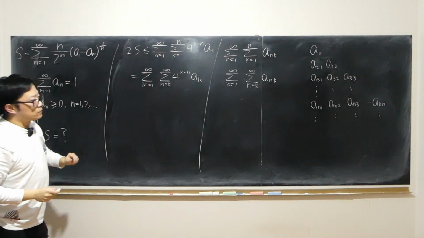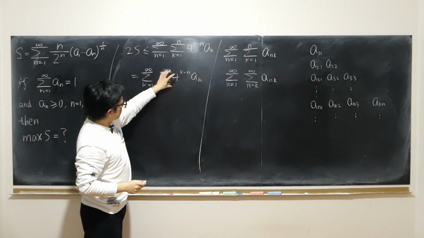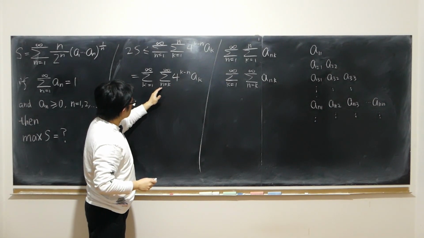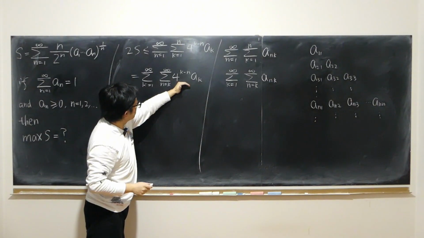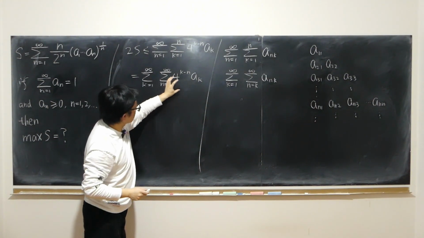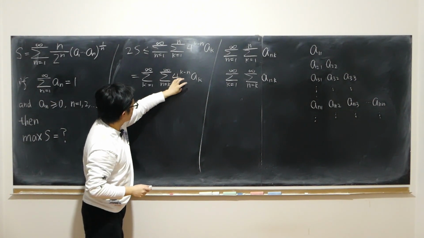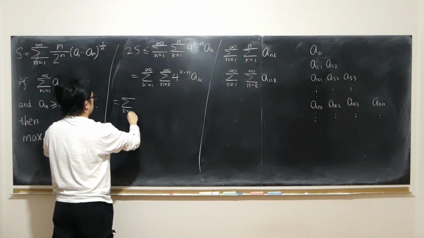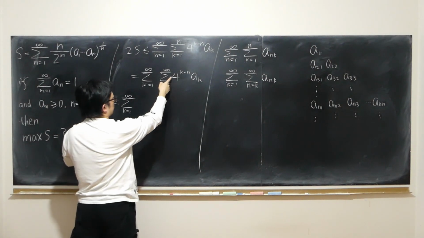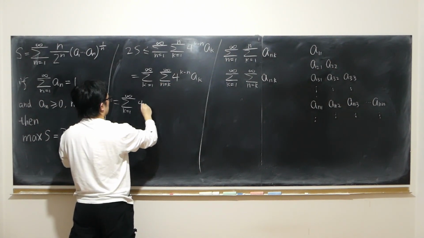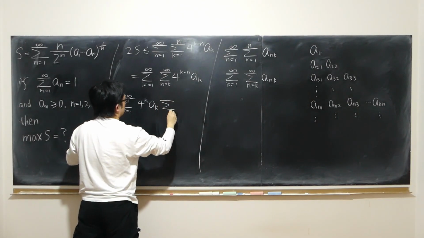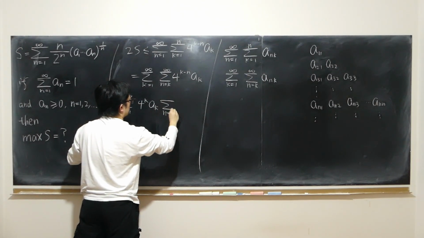Right? So since the inside sum is with regard to n, this time k is fixed. You pull out everything that has to do with k out from this sum. Right, for 4 to the k, we can pull out ak, times the sum n from k to infinity.